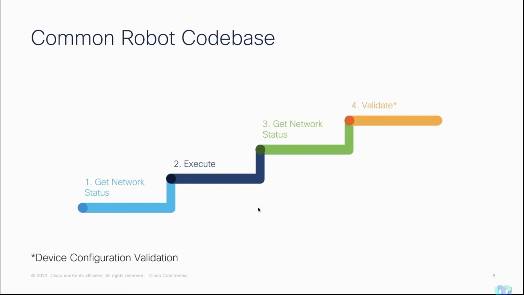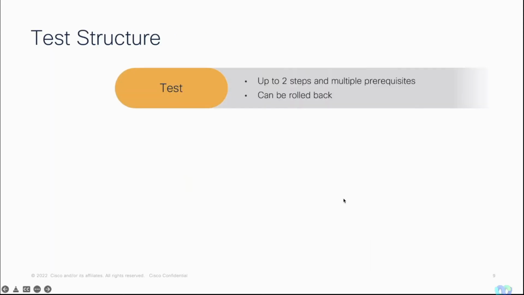The test structure that we use is composed of up to 2 steps and multiple prerequisites. Why do we consider the possibility of 2 steps? That is to test possibly the creation of a service instance and the subsequent deletion of the same service instance.